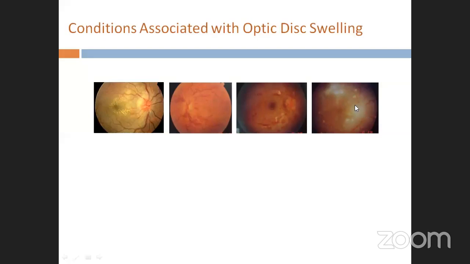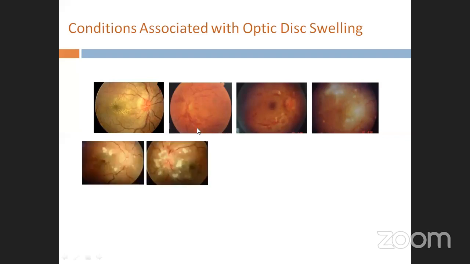Here, there are choroidal infiltrations, these white or yellowish areas, multiple choroiditis or inflammation of the choroid, and disc swelling. So this is multifocal choroiditis. Here we can see a lot of exudate, cotton wool spots, and hemorrhages, very attenuated arteries. So this is a case of hypertensive retinopathy. Disc swelling is secondary to this condition.